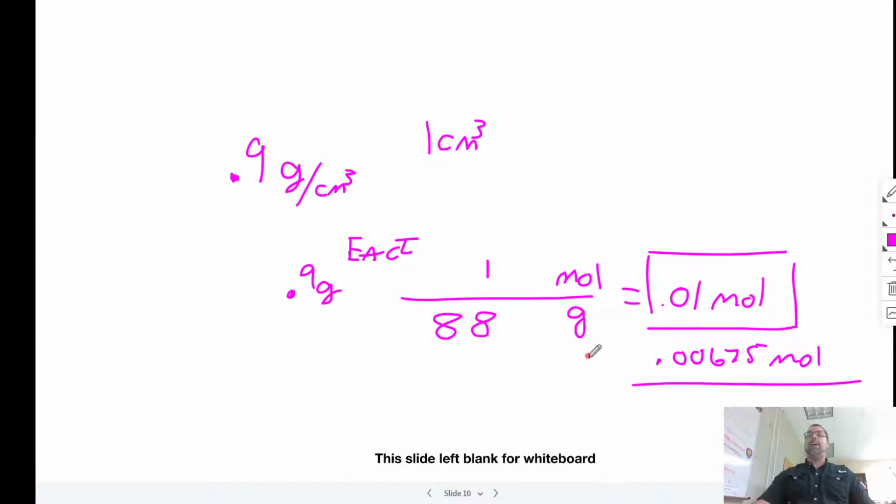So we can subtract this out, and we will be left with 0.00325 moles of our solution left. When we divide that by our milliliters of liquid, we end up getting a concentration of 0.325 molar.